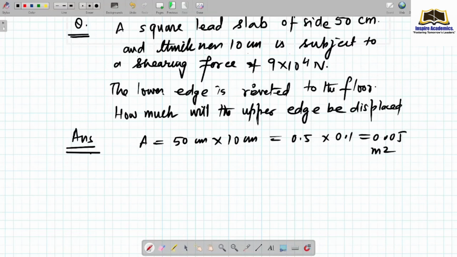Now the shearing stress would be F upon A, right?